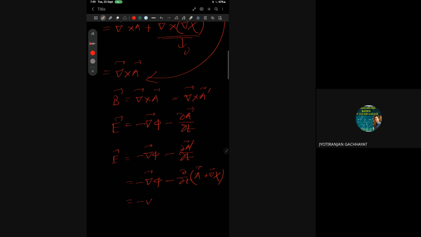This is equal to minus del phi minus del A by del T, then minus del by del T of del chi. This is an extra term, so the electric field will change, isn't it?